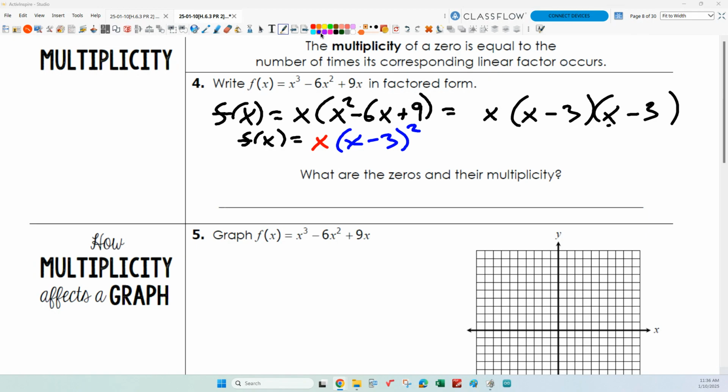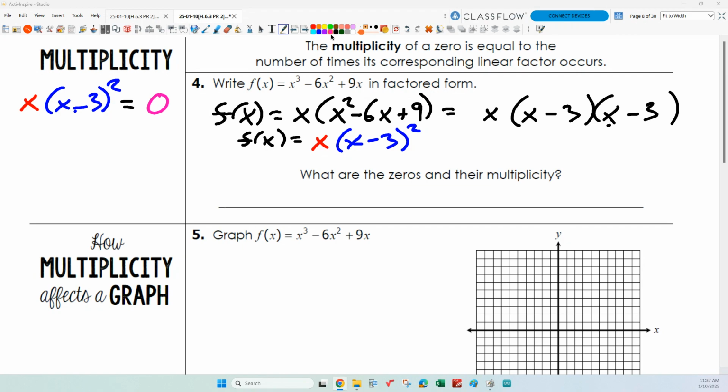Now what are the zeros of this function? Well, the zeros would just be the places where that function is equal to 0. And this is what factoring allows us to do. Again, we'll review all this stuff soon. If I were to set this function equal to 0, what's the only way that I can multiply two things together and get 0 as a result?